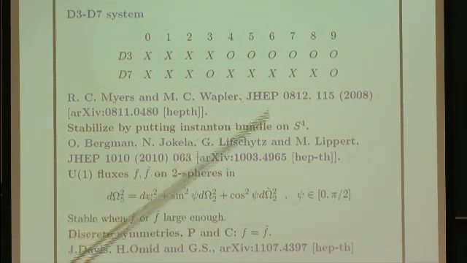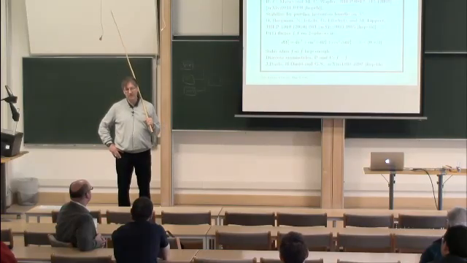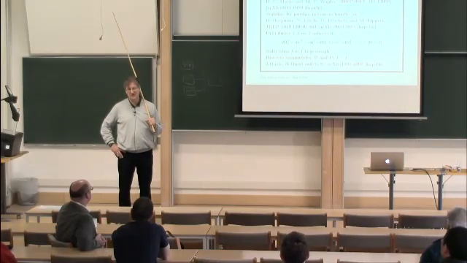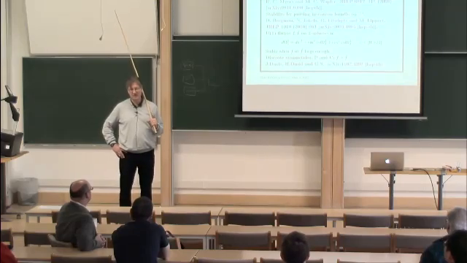So that means these 4 dimensions are taken as wrapping 2 spheres, which have Dirac monopole fluxes in them. And then again, if the flux is big enough, actually if either of the fluxes through either of the spheres is big enough, one could be 0, in fact, that actually stabilizes the system to small fluctuations.